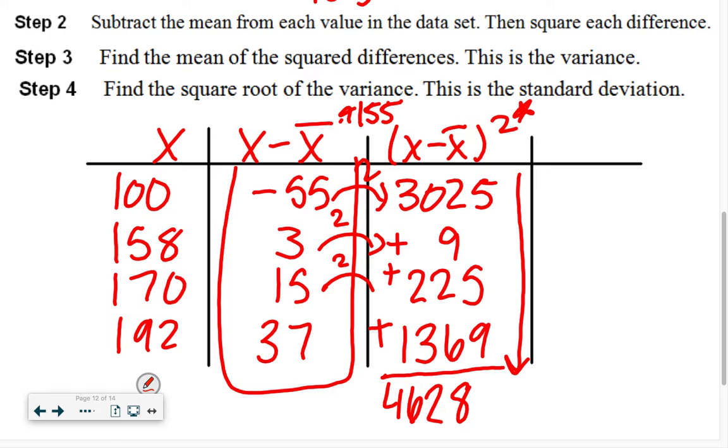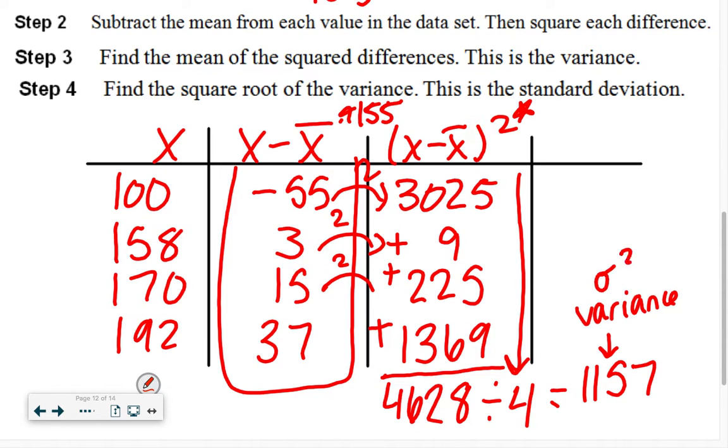Divide by how many numbers there are, just like we did for our mean. How many numbers are there? 4. 1157. This number is our variance, sigma squared. How would I find the standard deviation?